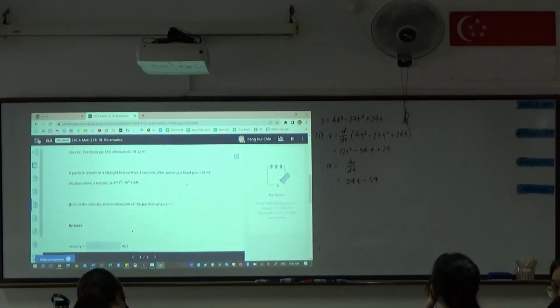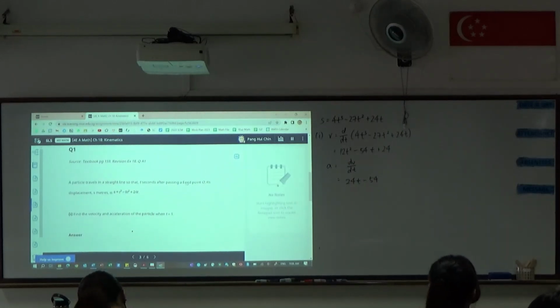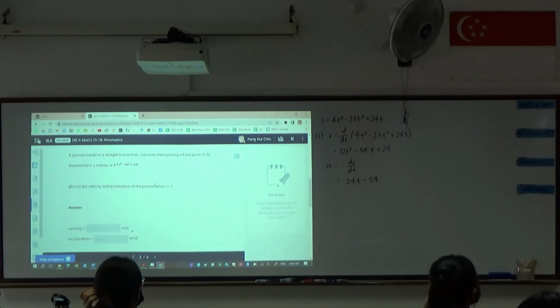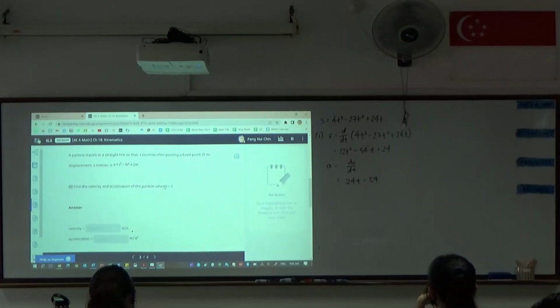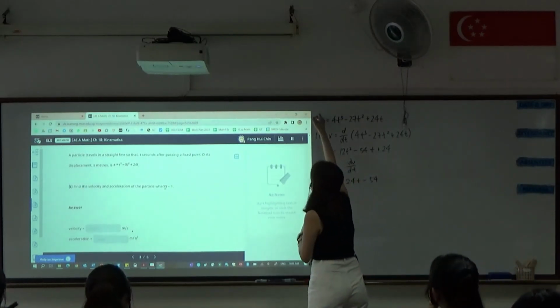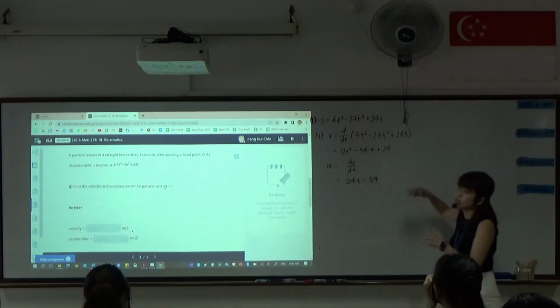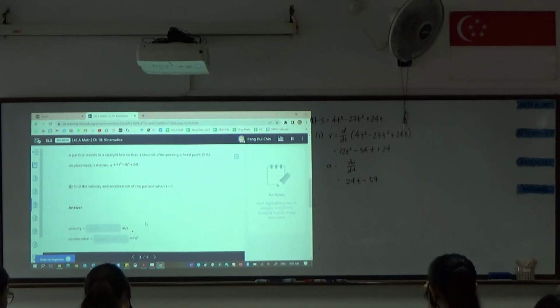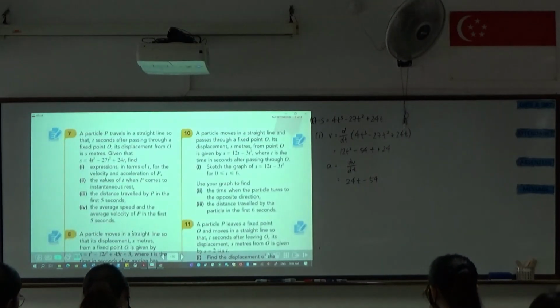In SLS I saw that for the response to this question, in part 1, some of you gave me expressions in the answer. The question said over here, find the velocity and acceleration of the particle when t equals 1. So they're actually looking for a specific value, unlike in this exercise question 7, where it is looking for an expression in terms of t. So do understand what the question actually wants before you answer the question.